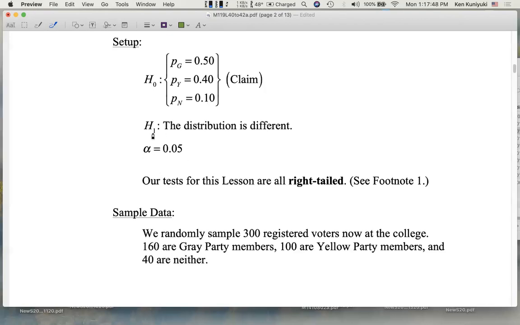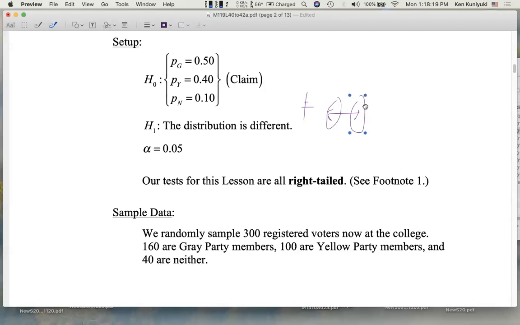Now you might be going, wait a minute, what type of hypothesis test is this? Is it two-tailed, left-tailed, or right-tailed? Well, if you have a hypothesis test where the alternative is saying that the distribution is different, like in this goodness of fit test, then that's going to be a right-tailed test. Now before, in the test for P, different meant just the is not equal to symbol, which implied 2 tails.